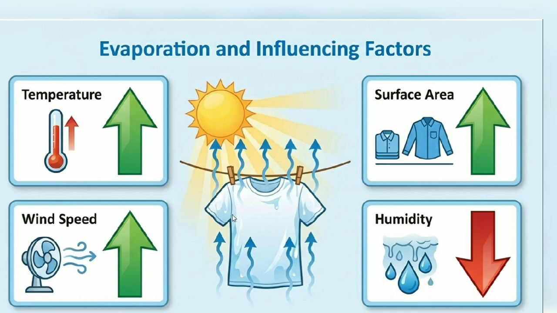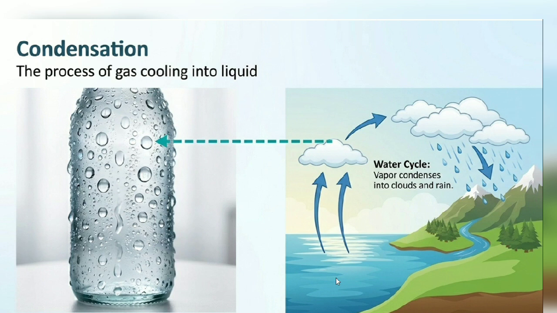Examples: wet clothes drying, sweat drying from our skin, water disappearing from puddles. This evaporation takes place from the surface of a liquid.